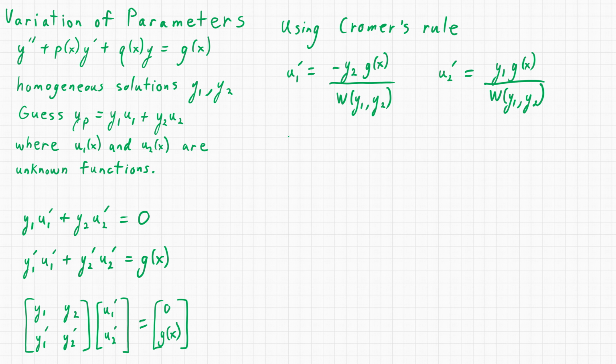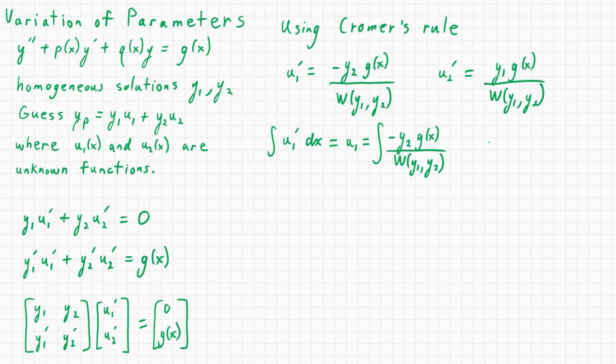And so what we can do is we can say, well, okay, the integral of u1 prime dx is going to equal u1. The integral and derivative essentially cancel out. But that's also going to equal the integral of negative y2 g of x over the Wronskian of y1 and y2. And then same thing for u2.